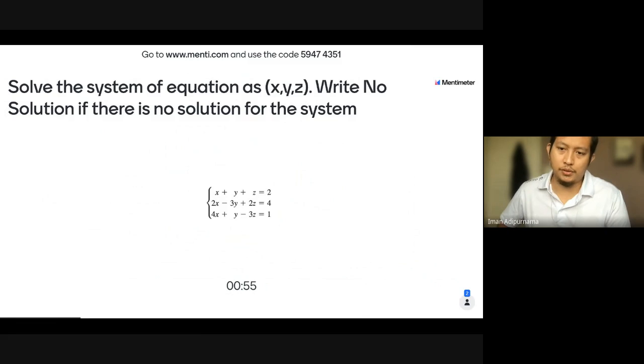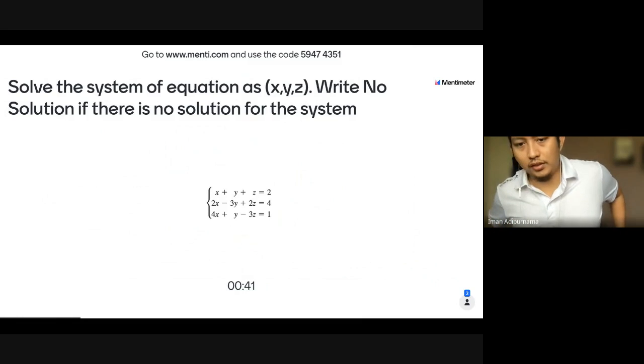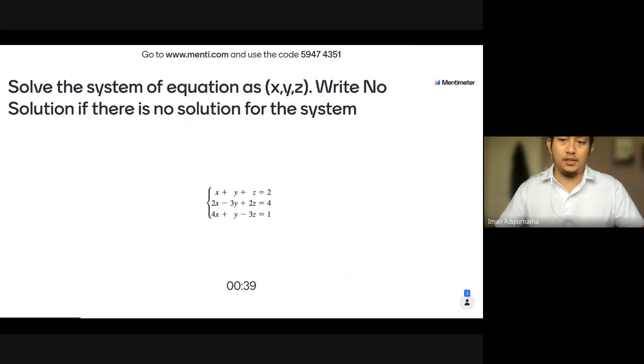Yeah, I think this should be 3 minutes. This is just to measure how fast you can evaluate this, and I can check how many of you are able to solve this.